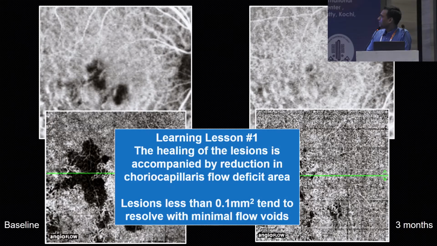The healing of the lesion is accompanied by reduction in the choriocapillaris flow deficit area, and lesions less than 0.1 square millimeter tend to resolve with minimal flow voids. So this is the advantage of fundus fluorescein angiography, ICG angiography, and OCT angiography in white dot syndromes, and how they help us monitor the disease and manage until the exact end point of the disease.